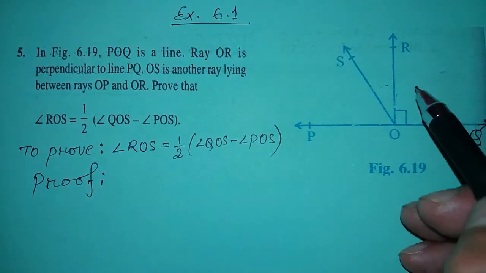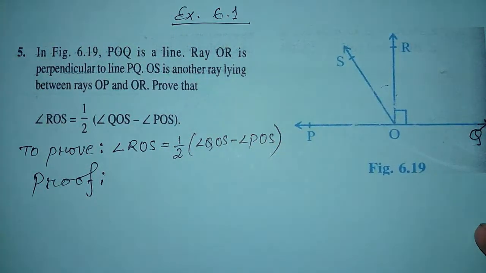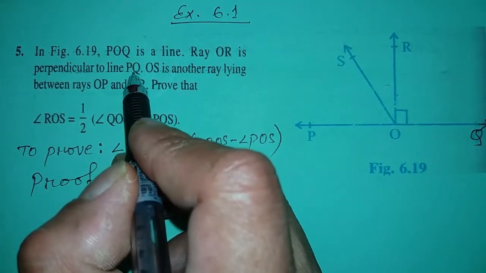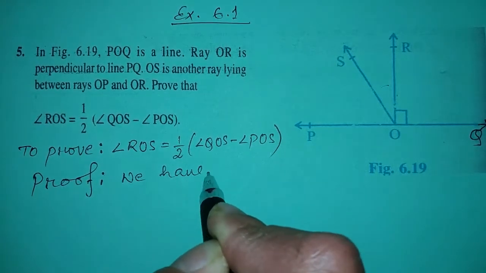Now here in this question it is given that OR and PQ are perpendicular. So OR is perpendicular to line PQ. So here we're going to start with that.